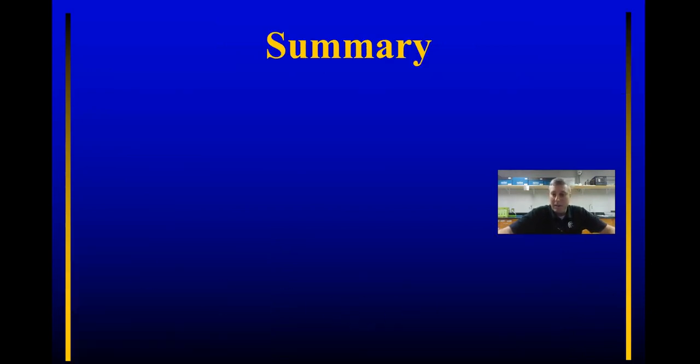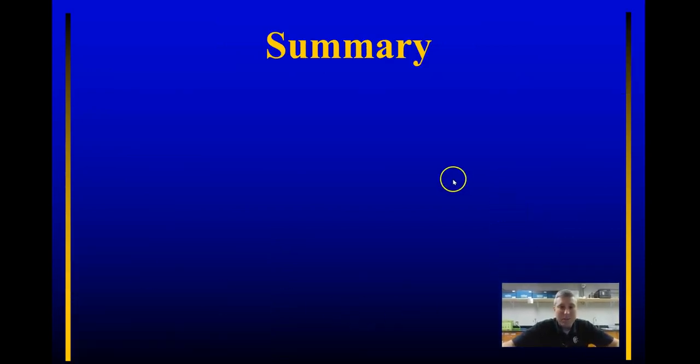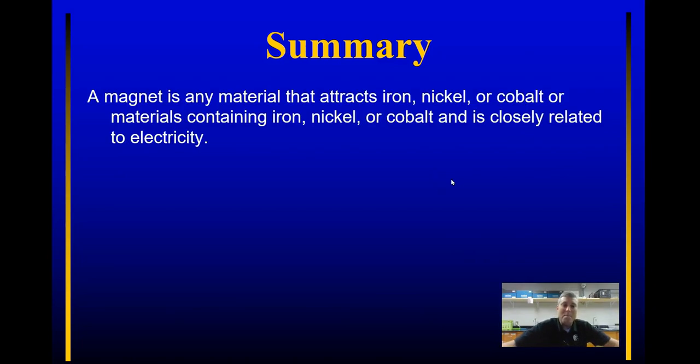So, looking through this presentation, we see that a magnet is any material that attracts iron, nickel, or cobalt, or it's a material containing iron, nickel, or cobalt. Plastics aren't magnetized. We know that there are some substances that are magnetized and some that aren't.